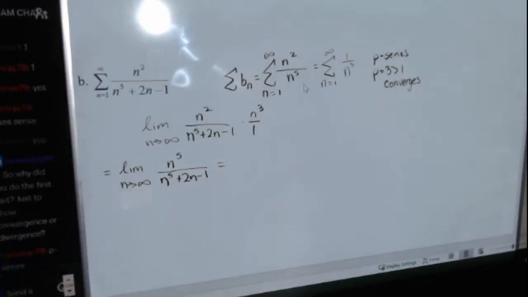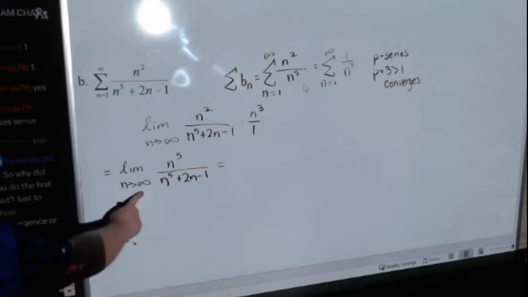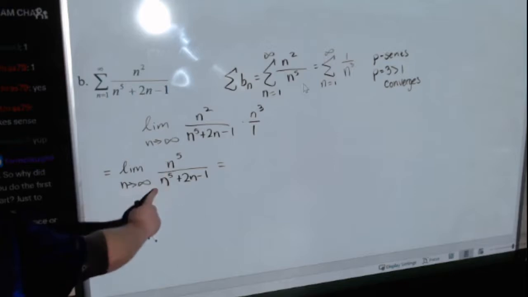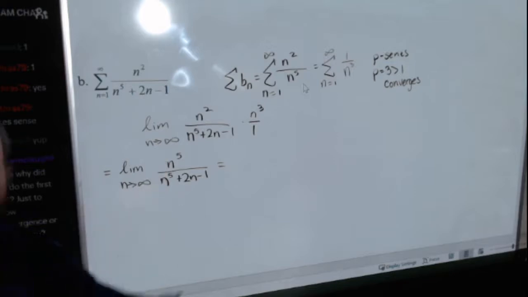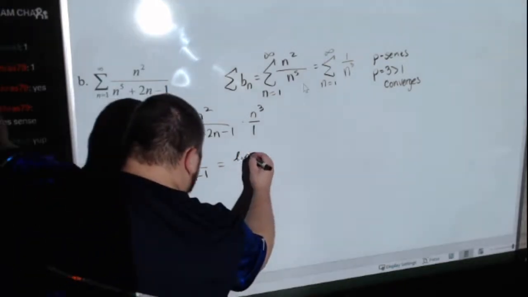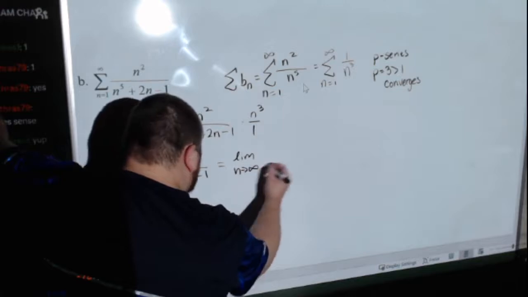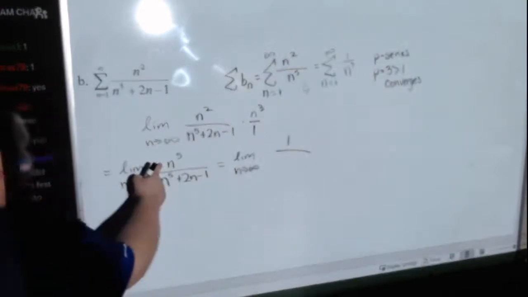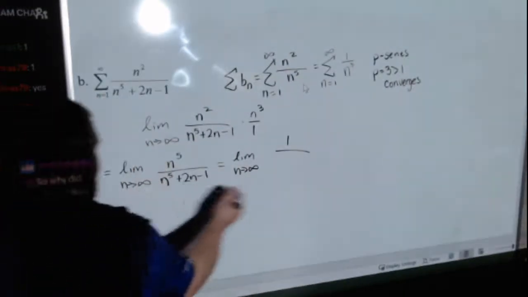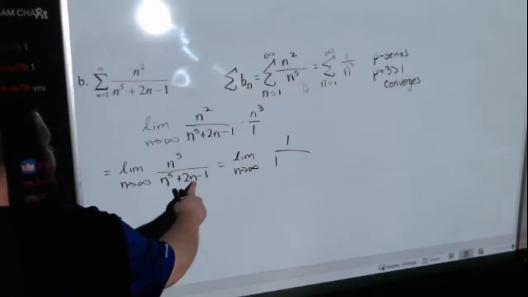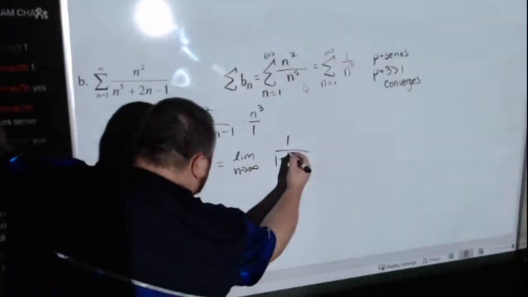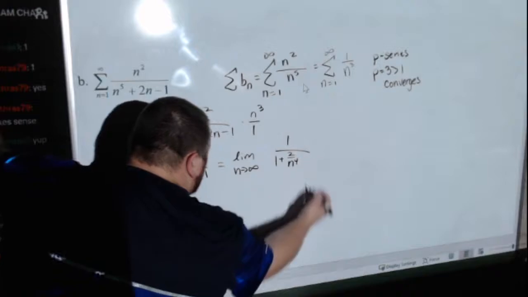So at this point we have to just recall how to get our limit. It's an infinite limit, so divide by the highest power of n, which is n to the fifth. That would leave me with 1 up top. This would become 1. 2 over n would become 2 over n to the fourth.